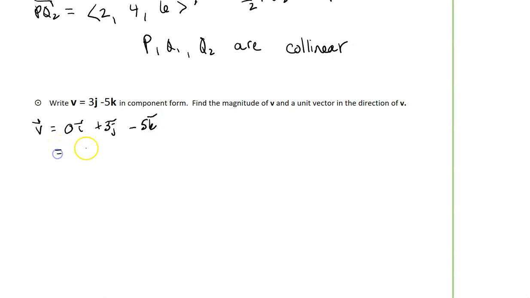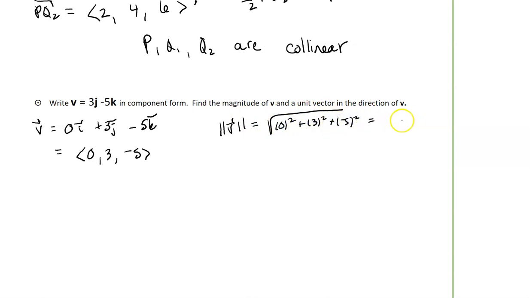So in component form, that would read 0, 3, negative 5. The magnitude of v is going to be the square root of 0 squared plus 3 squared plus negative 5 squared, which is the square root of 9 plus 25, or the square root of 34.